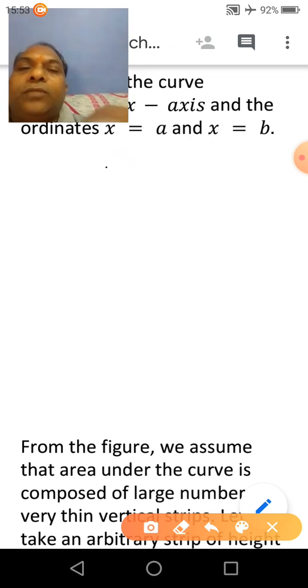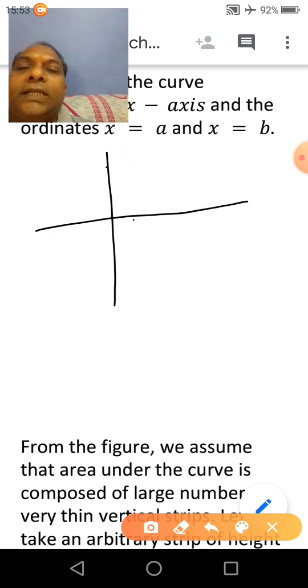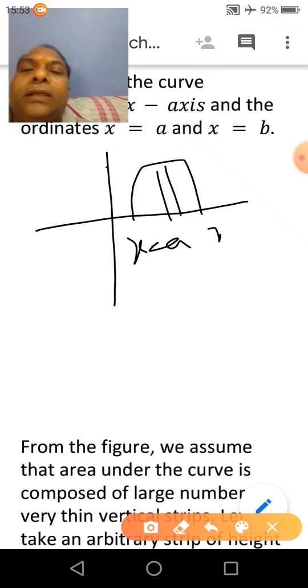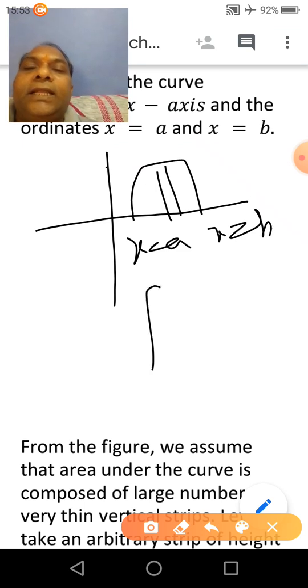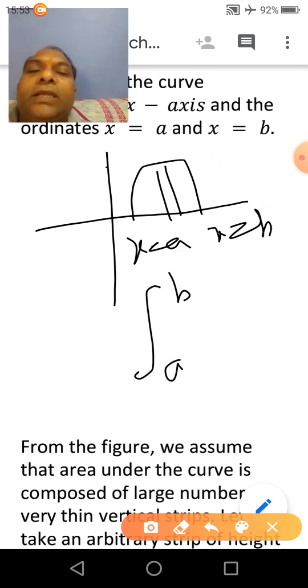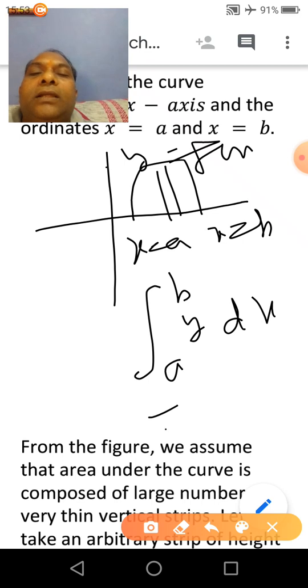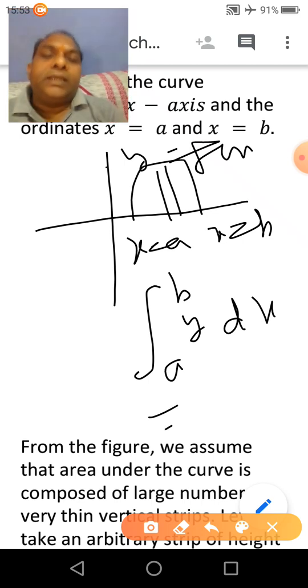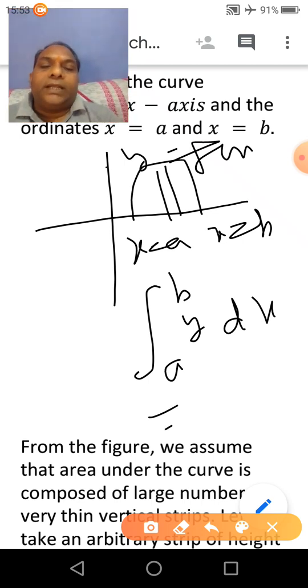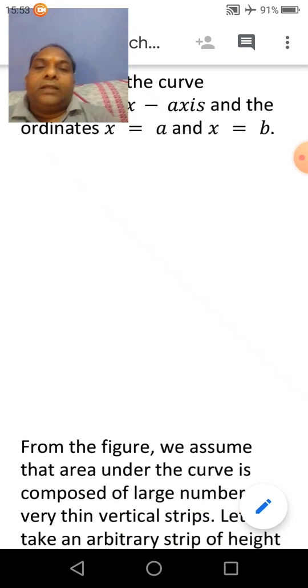You can use the formula. In this condition, x is equal to a, x is equal to b, then the area will be integration a to b of y dx, and put the value of y in terms of x. Here y is equal to f(x) is the curve. Clear? So you can put the value of y, then integrate, then you can find the area.